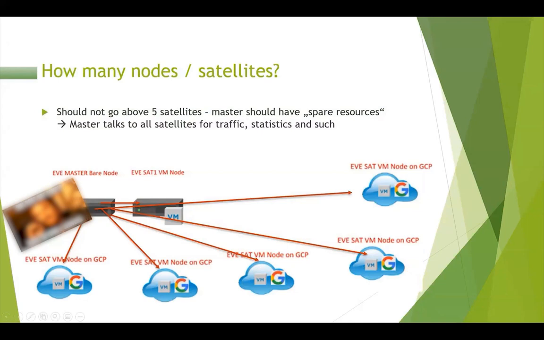I mean, this is a lab solution. So start to experiment a bit, especially if you're running this for the first time. And then you would simply see, okay, where's my limitation? Can I do this? Can't I do this? And maybe it also makes sense to introduce a second or a third cluster, depending on the amount of services that you want to run on it.